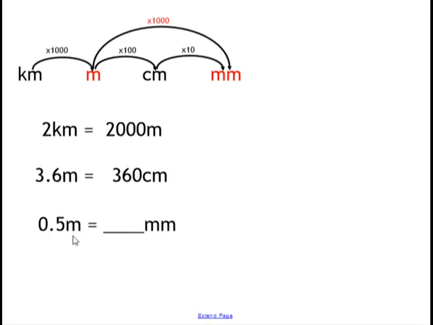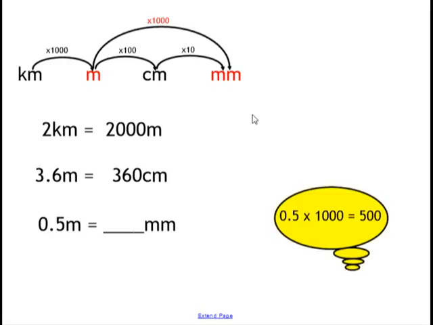Now let's try one from metres to millimetres. 0.5 of a metre. So I put my 0.5 in here. I multiply that by 1,000, and 0.5 multiplied by 1,000 is 500. So I can see there are 500 millimetres in 0.5 metres.